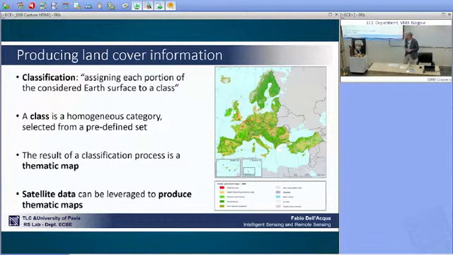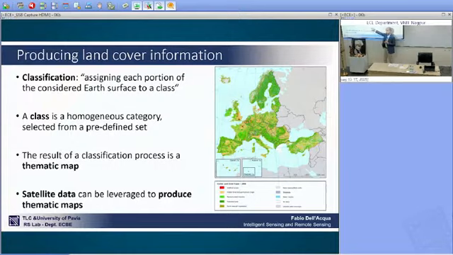Okay, so let me point this out. Thematic maps do not need satellite data in order to be produced. We have produced thematic maps for centuries without satellite data. So we are putting together two things here.